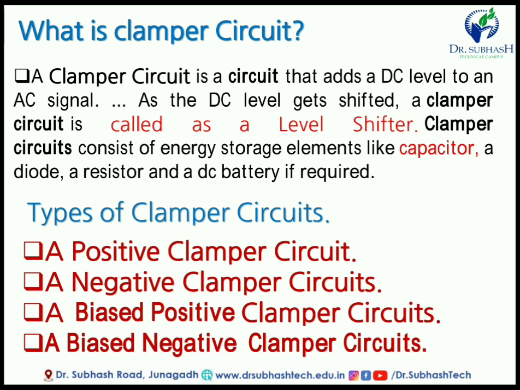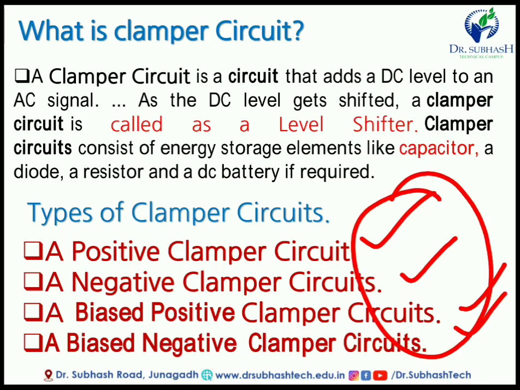Now the types of clamper circuit: the first type is the positive clamper, the second is the negative clamper, then bias positive and bias negative. These are the four basic types of clamper circuit. If you want to shift our signal to the positive side, or to the negative side, or shift to some level, then a biasing circuit is required.